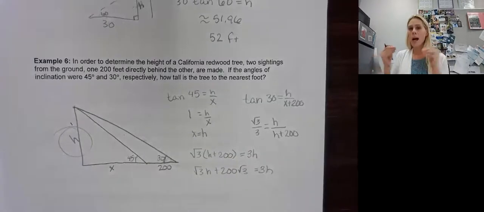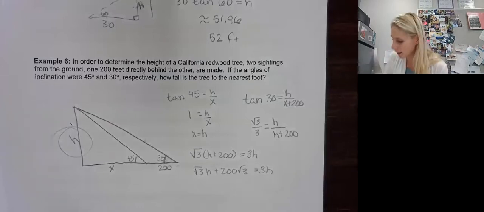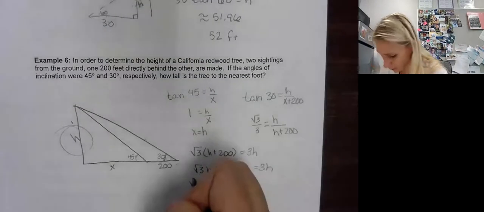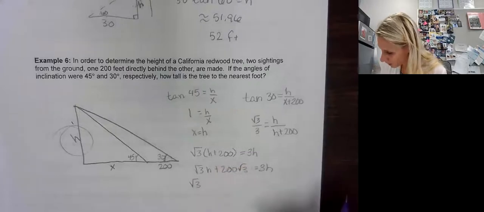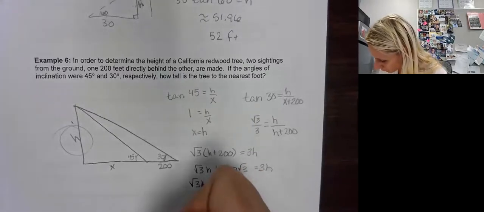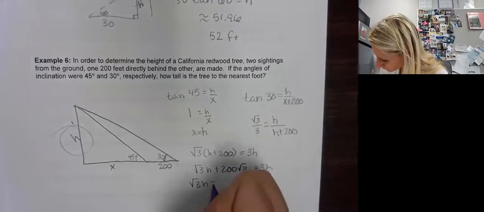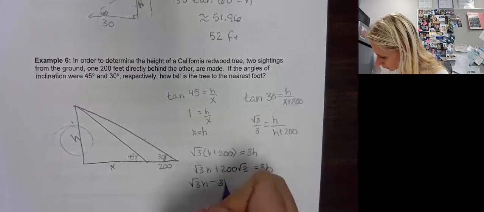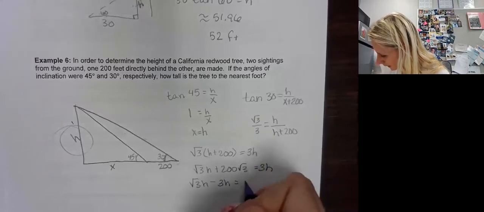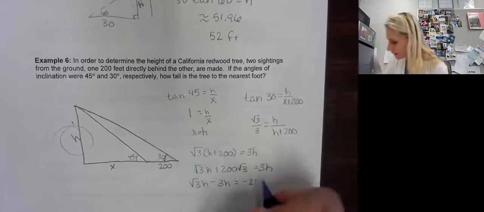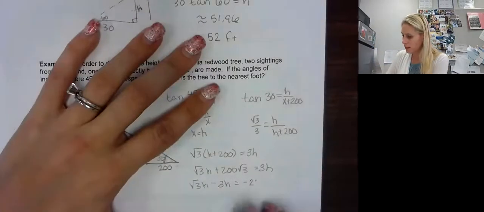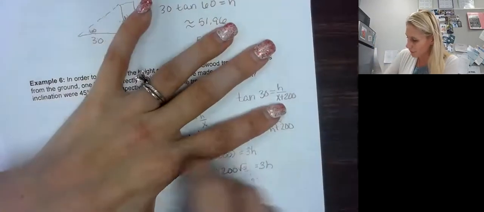Too many h's still, I want to put them together. So I have to move all the h's to one side and everything without an h to the other. So I get square root of 3h minus 3h equals negative 200. Oh, I guess I could have done it the other way. Yeah, let me just do one movement instead of two.